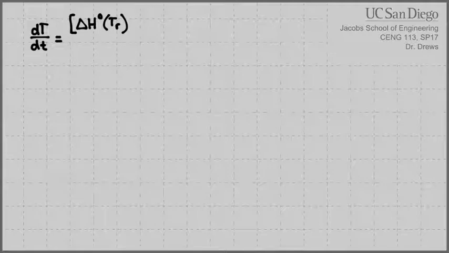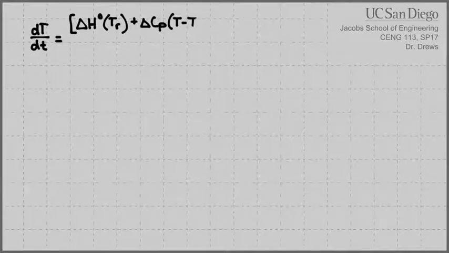we saw looked something like the rate of change of temperature with time was our enthalpy term at some reaction temperature. Usually I will give you an enthalpy at some reaction temperature, or I'll just tell you it's constant. If it's not constant, then we have to adjust it for temperature this way: delta Cp times T minus Tr, where Tr, oh, those are supposed to be the same Rs.